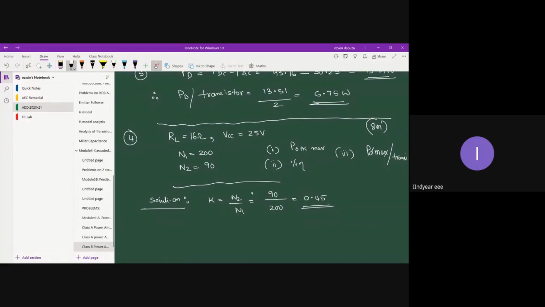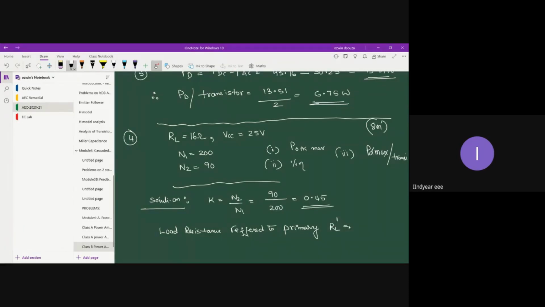Okay. Once you know this transformation ratio, what you do is you find the load resistance referred to primary.